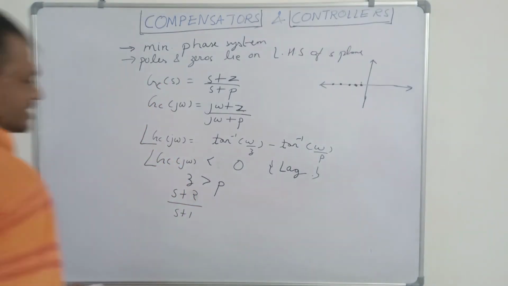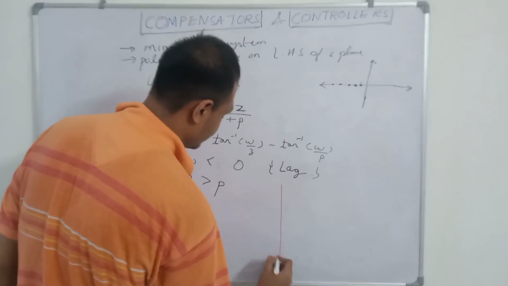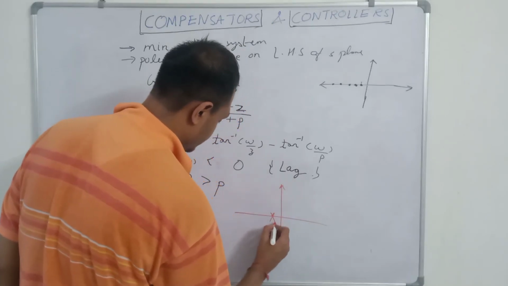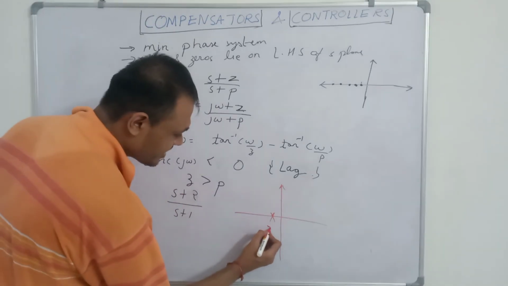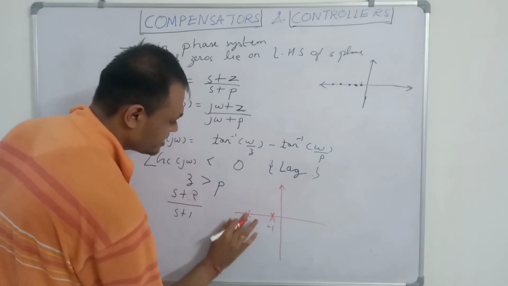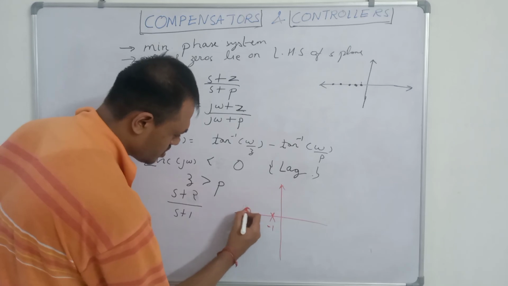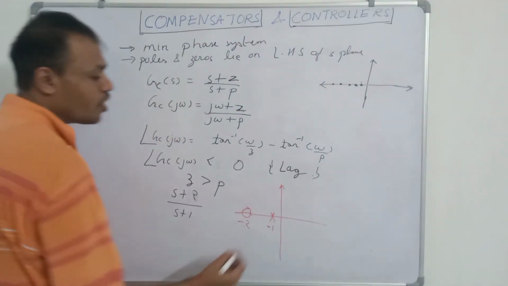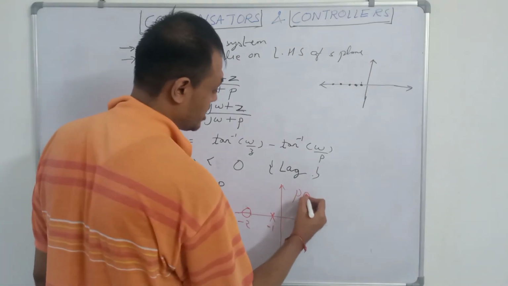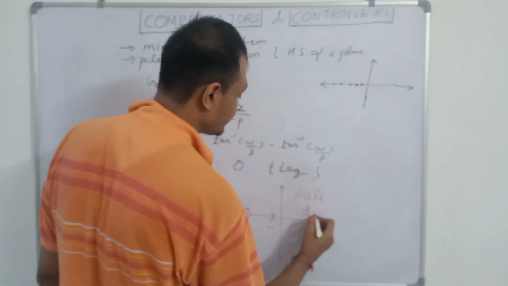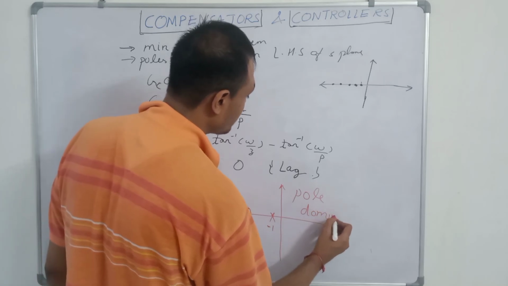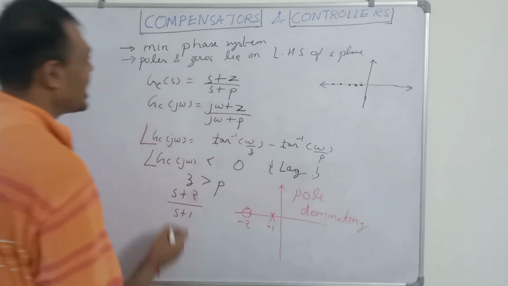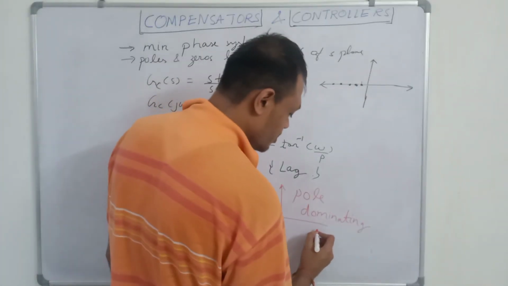If we draw the pole zero plot of a lag compensator, then the pole is closer to the origin. The pole is at -1 and the zero is at -2. So it is called a pole dominating system. A lag compensator is a pole dominating system because the pole is closer to the origin.